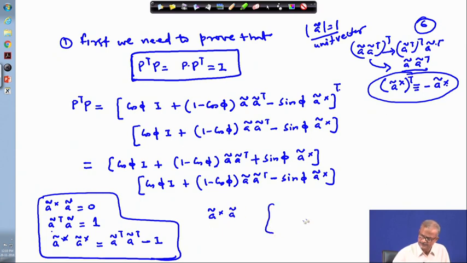This simply implies that you have the skew symmetric matrix, and you are operating on it by A tilde.